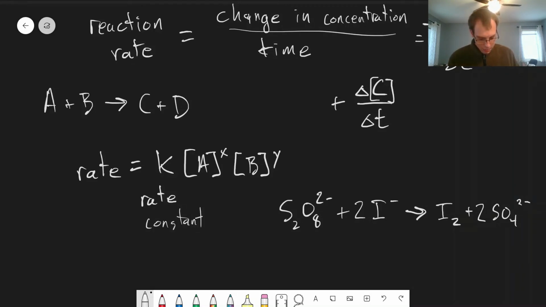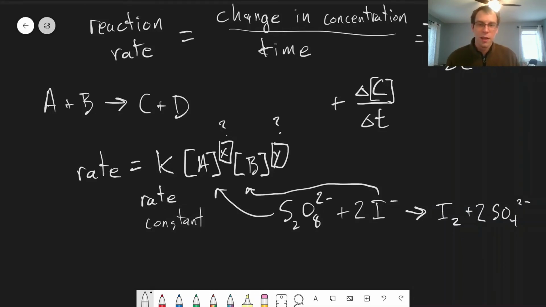And so our A and B here are going to be the persulfate concentration and iodide concentration. And just looking at a reaction, though, we don't know what the values of x and y are going to be offhand. There's no way to know without doing an experiment. Even if you look at the stoichiometry of a reaction, it does not tell you what these exponents are going to be. It's something you have to determine experimentally.